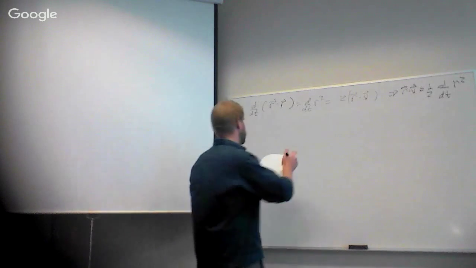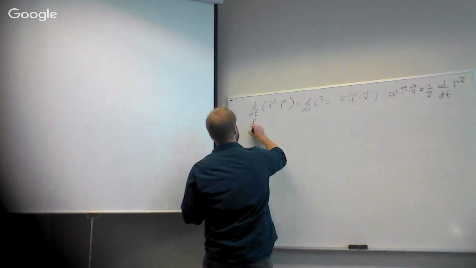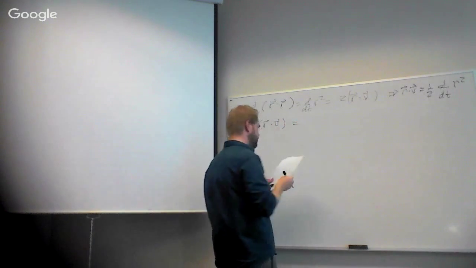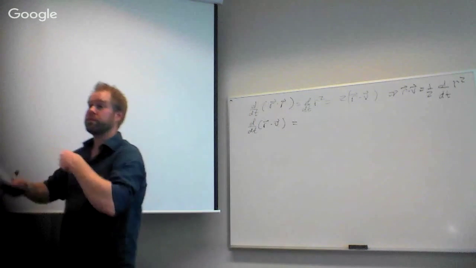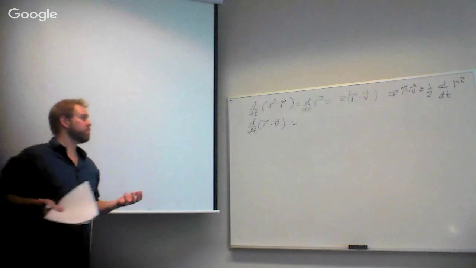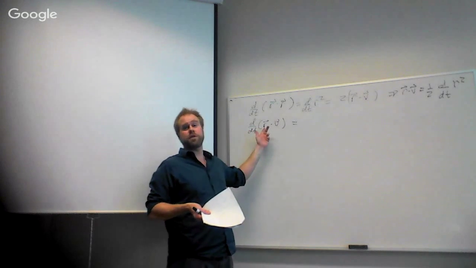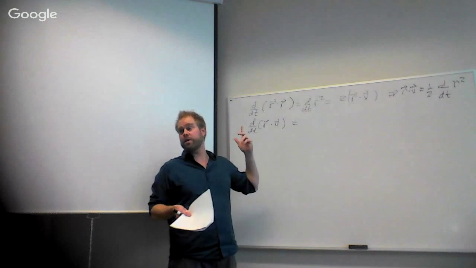All right. Now let's look at the time derivative of r dot v. We have to use a product rule here. We take the derivative of the first term multiplied by the second.